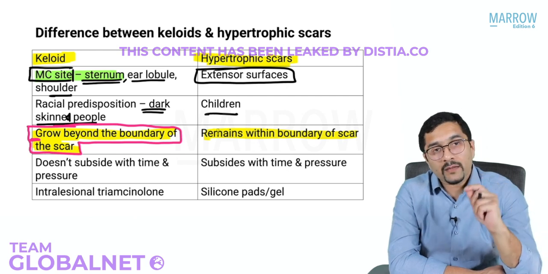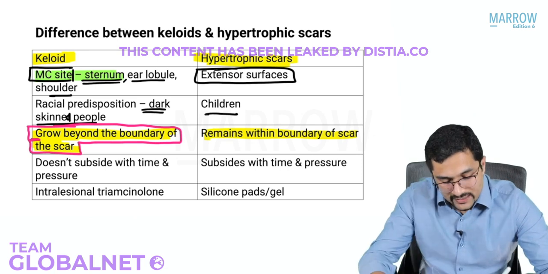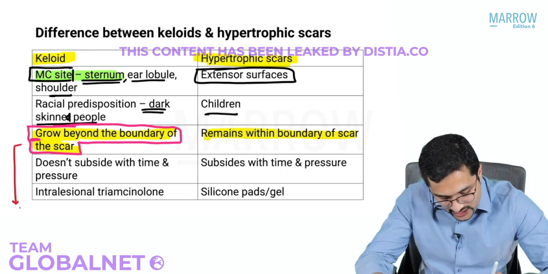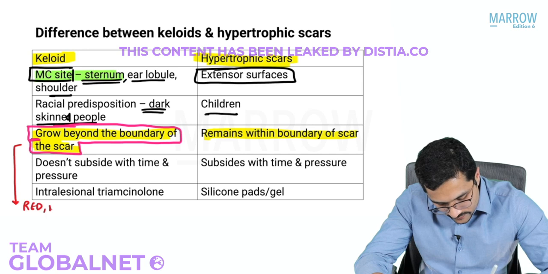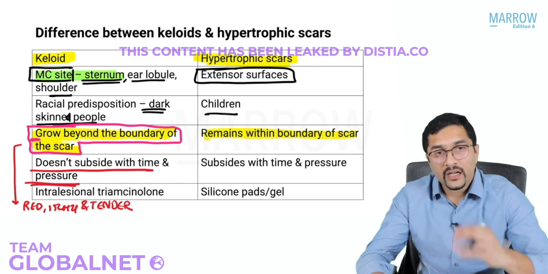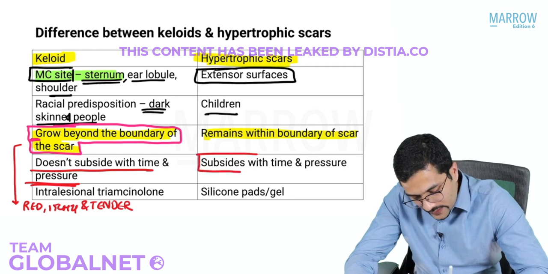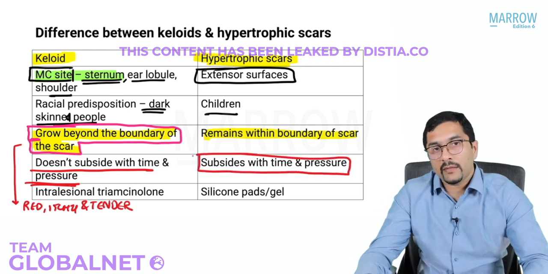So this is the main point of difference between the two. Keloids, it remains red, itchy and tender. And it does not settle with time and pressure. Whereas hypertrophic scars will settle with time and pressure.